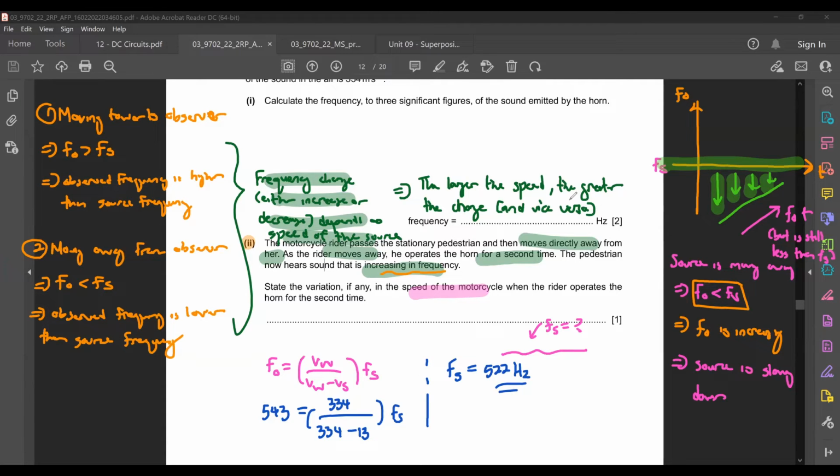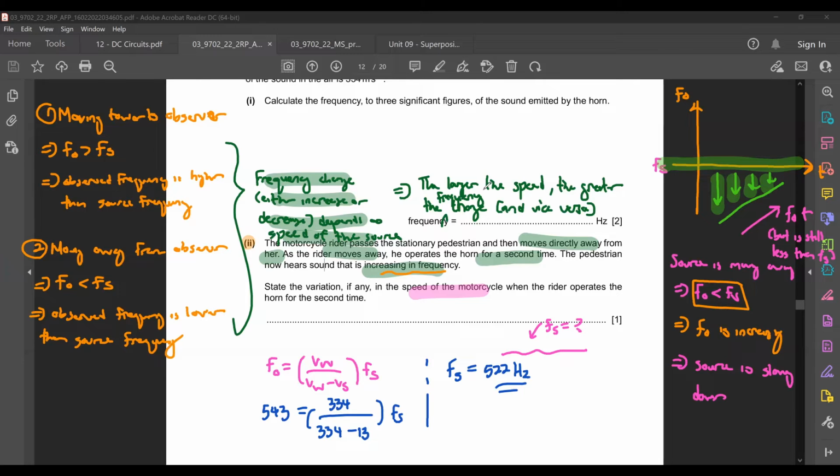If you are moving with a larger speed, your frequency change is larger. If you're moving with a lower speed, your frequency change is lower.